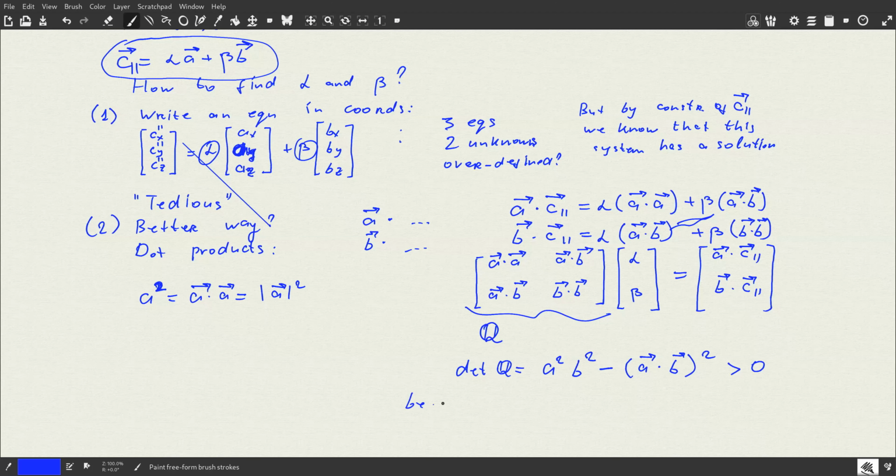Because A times B, the dot product of A and B, is equal to AB, the product of absolute values, cosine of the angle between A and B. Because we know that the vectors A and B are not collinear, therefore this cosine is not equal to plus minus 1, right?